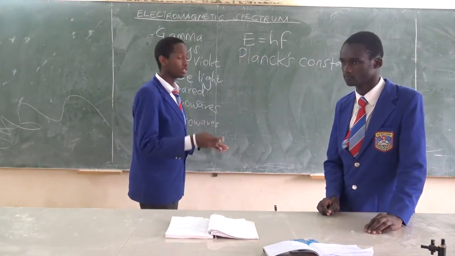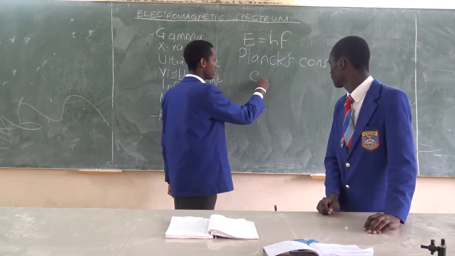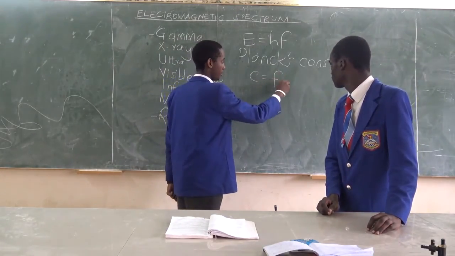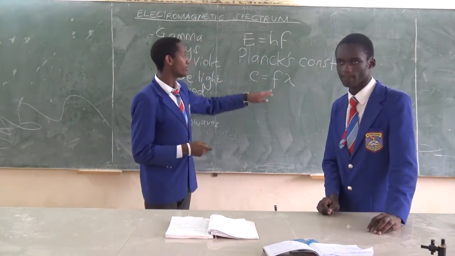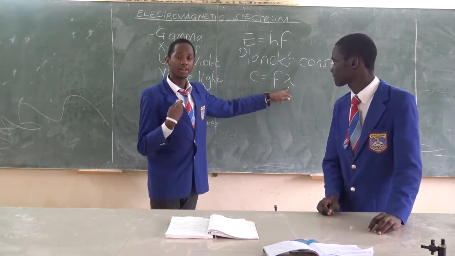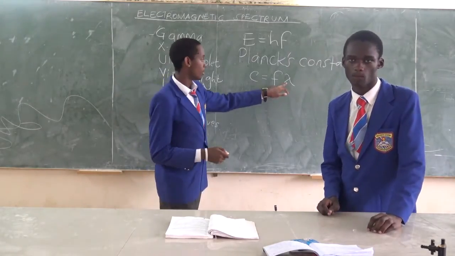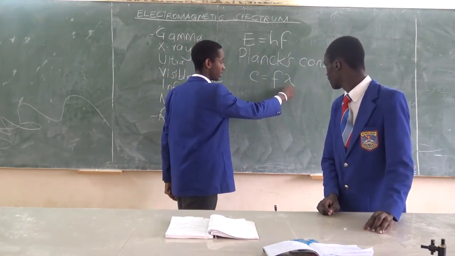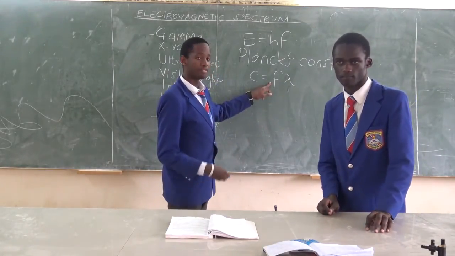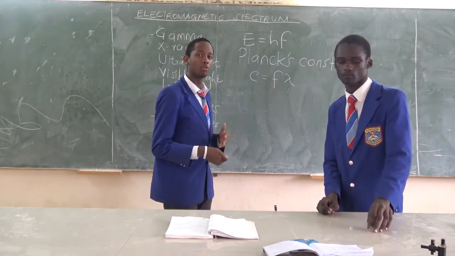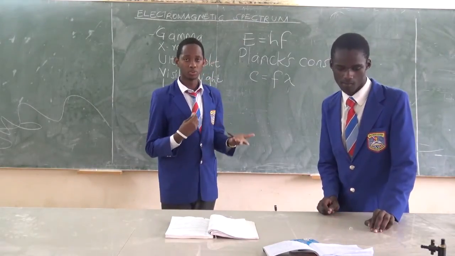There is also c = f λ. As I mentioned earlier, frequency and wavelength are inversely proportional. Wavelength, this is its symbol, as we learned earlier in other topics involving waves. This f is for frequency, which varies from one electromagnetic wave to the other.